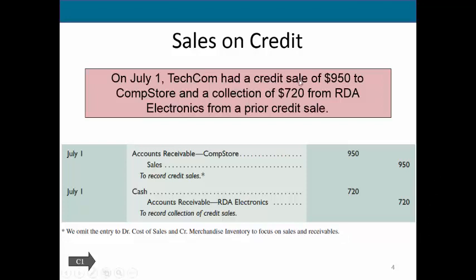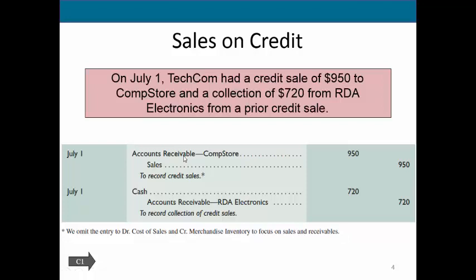First, let's record this credit sale of $950. Anytime we make a sale, we want to record that sales revenue. That's what we're showing with the credit here, $950. And then this is a credit sale, meaning we did not get cash. We still get another asset, and that is the promise to receive cash. So we're showing here this is our accounts receivable.